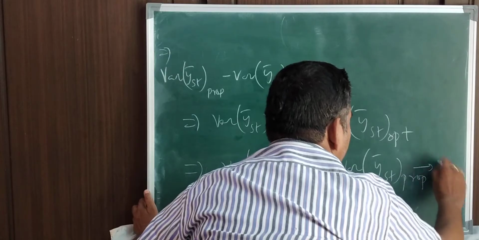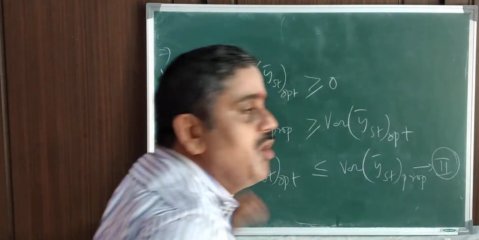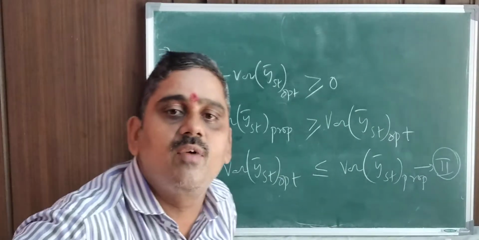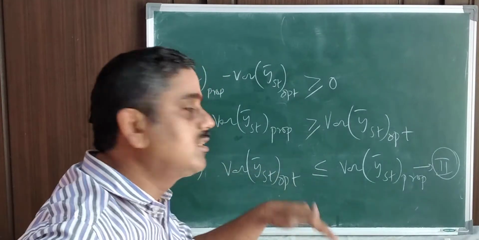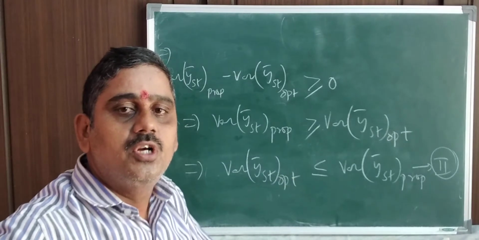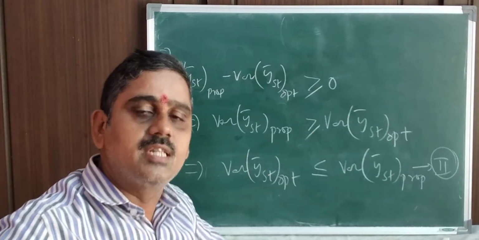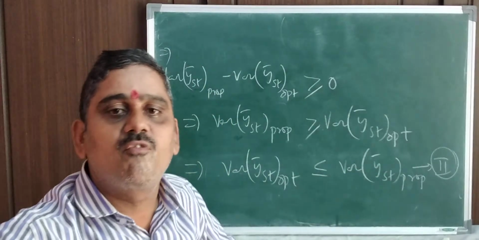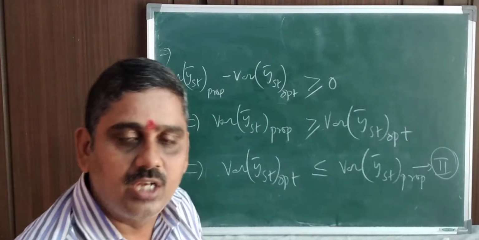Let us call this equation number 2, which means the optimum allocation has the minimum variance compared to the proportional allocation.